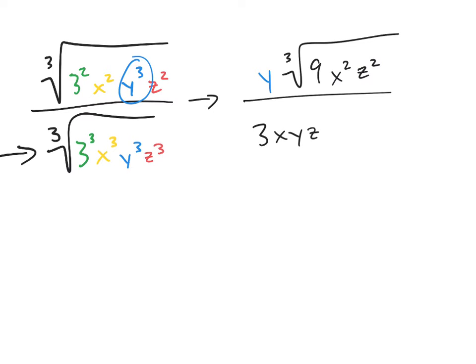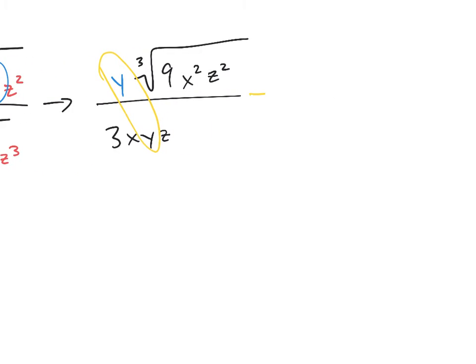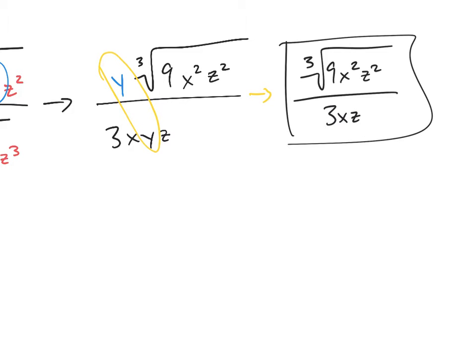Okay, now there's one more thing we can do to simplify. This y and this y divide to 1. And so what do we end up with? The cube root of 9x squared z squared over 3xz. And this is my final answer. It's kind of weird that the y's disappear.